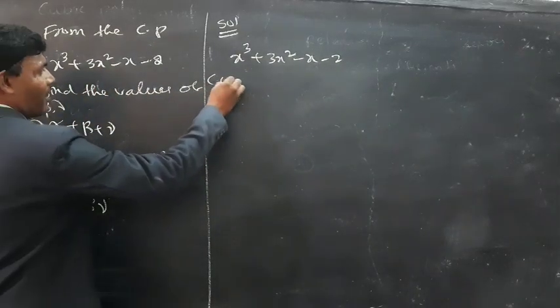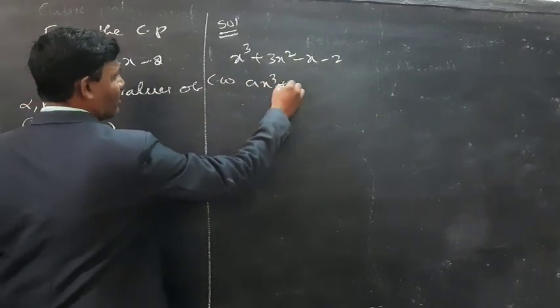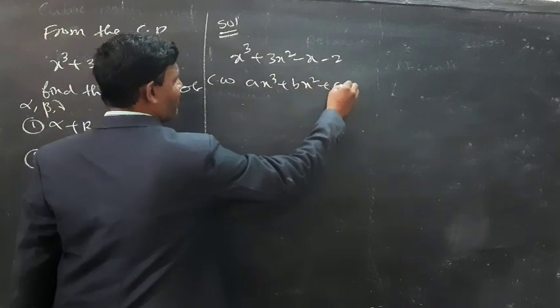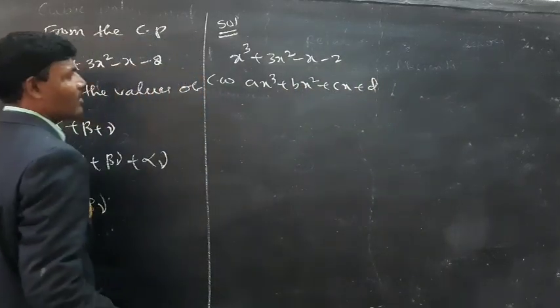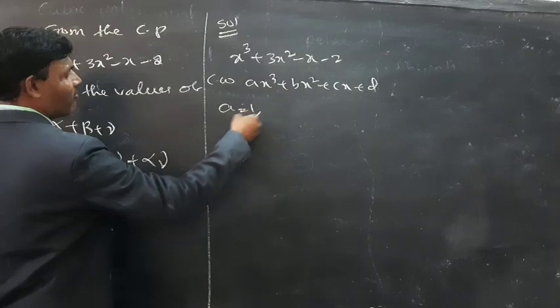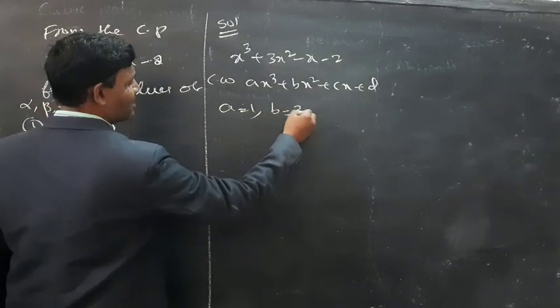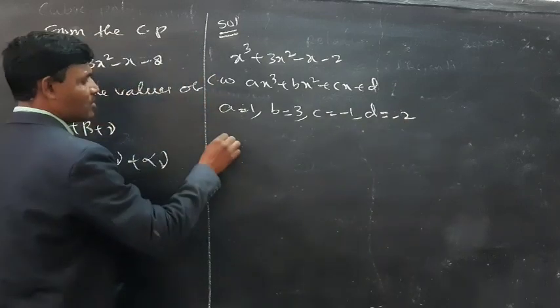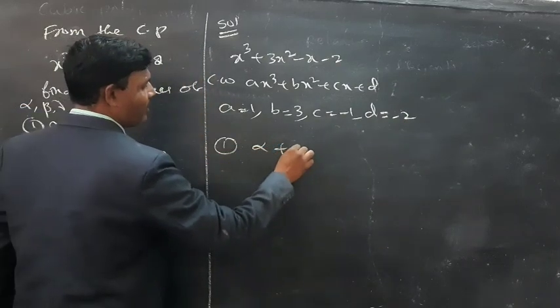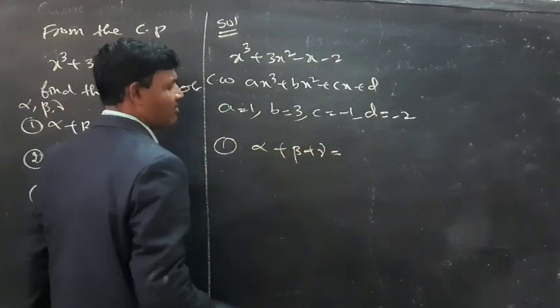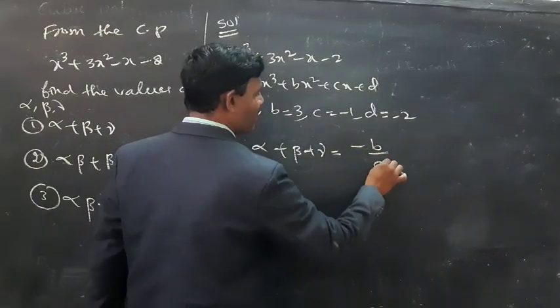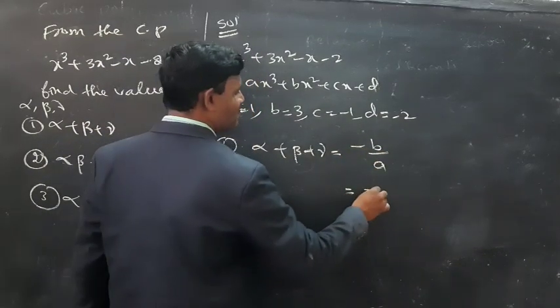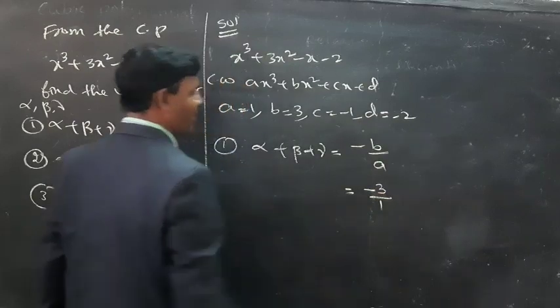Comparing with ax cube plus bx square plus cx plus d, a is equal to 1, b is 3, c is equal to minus 1, d is equal to minus 2. First, alpha plus beta plus gamma is equal to minus b by a, which is minus 3 by 1.